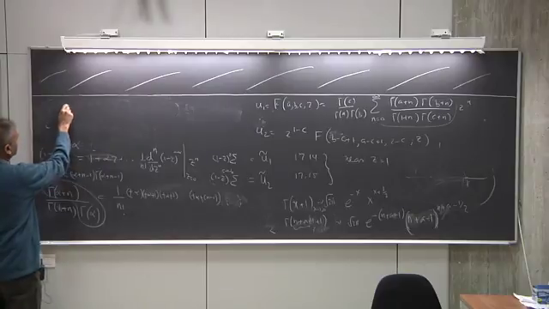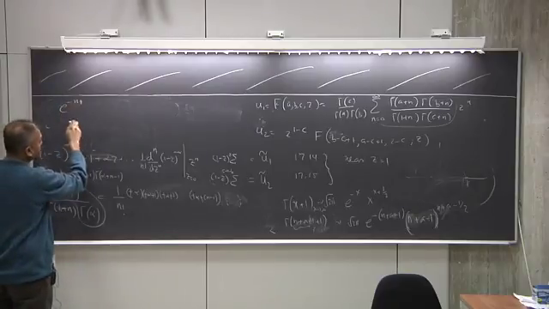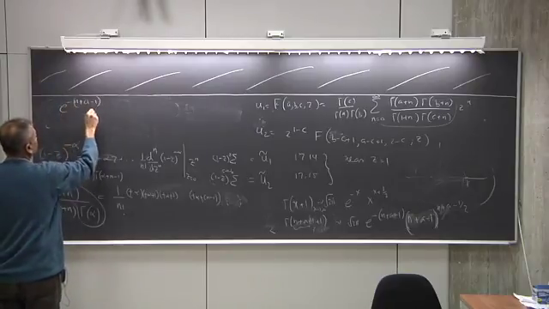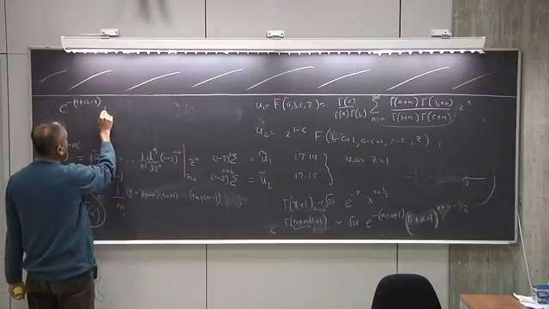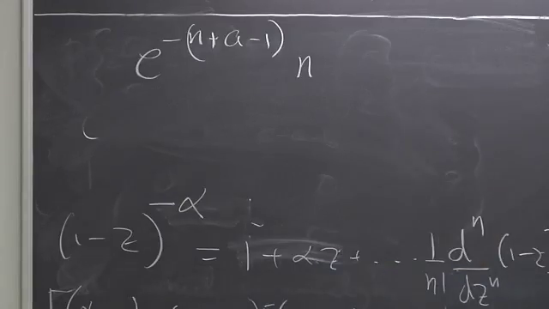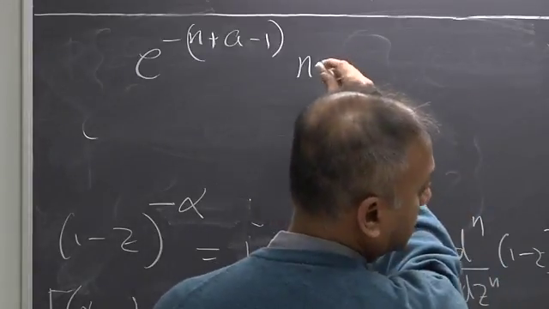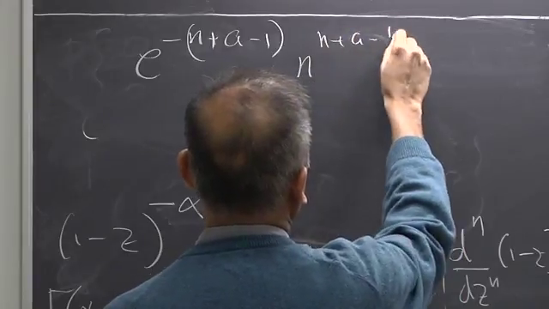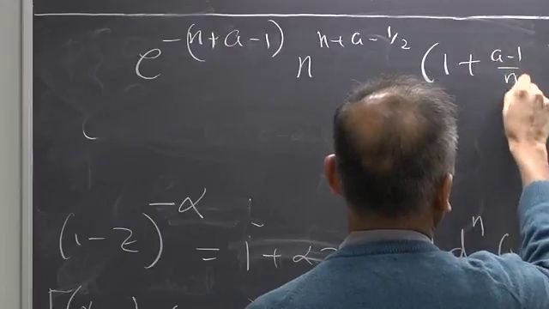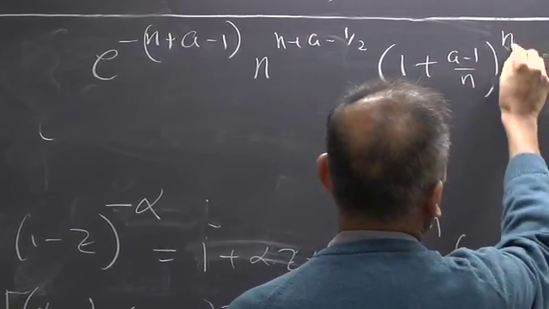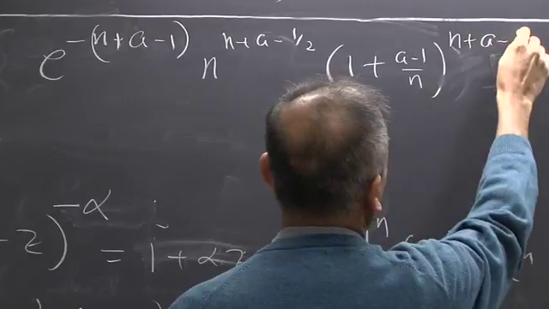So from the top, you get e to the minus n plus a minus 1, and then times n. At this stage, let me take n out from here. So you get 1 plus a minus 1 divided by n. So you get n to the power of n plus a minus half, and then 1 plus a minus 1 over n to the power of n plus a minus half.